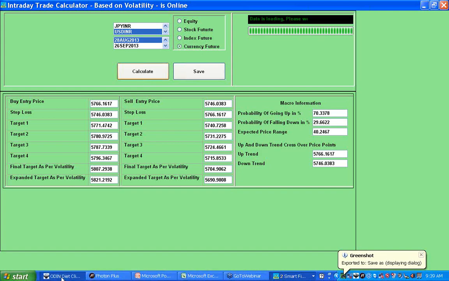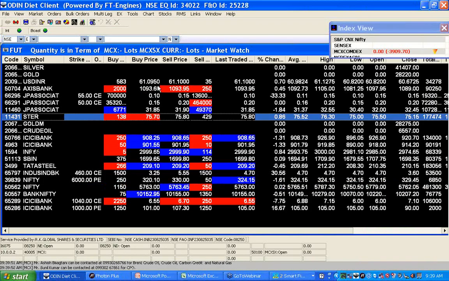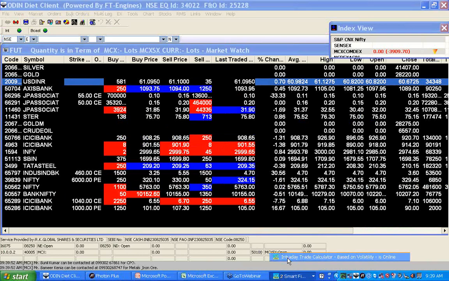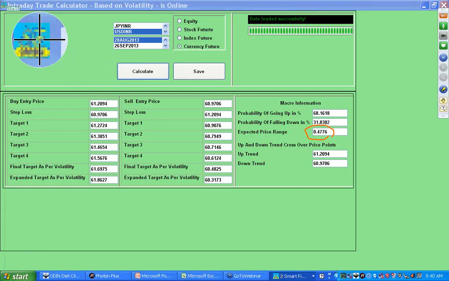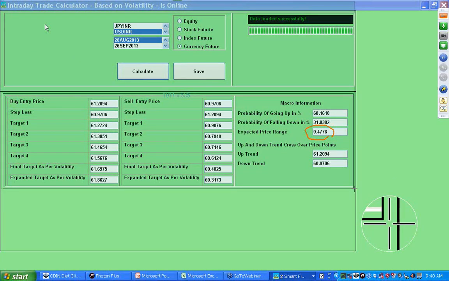Currently it is quoting at 61 rupees and 10 paisa USD INR. 61.2094, my buy entry is being set. 60.97, my sell entry is being set, and based on the current volatility in the currencies, I am expecting a 47 paisa oscillation in this. I will just take a print screen of this and save this experiment.